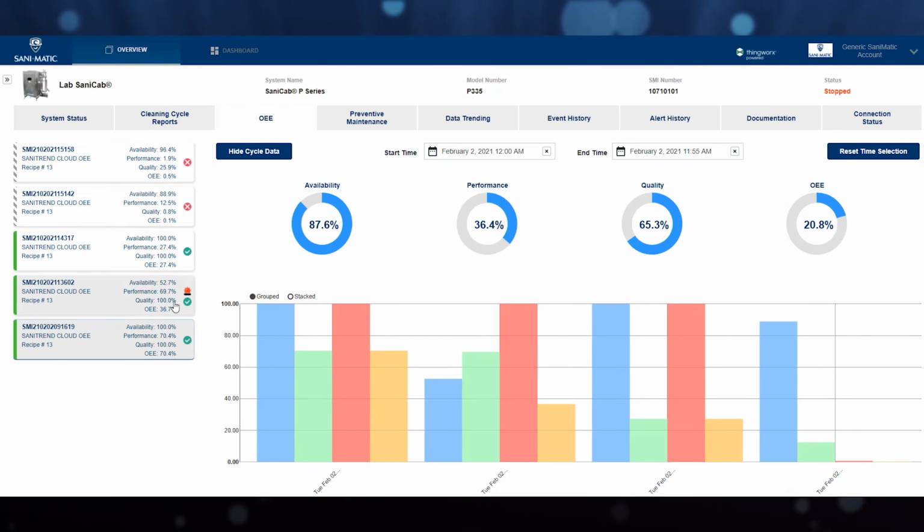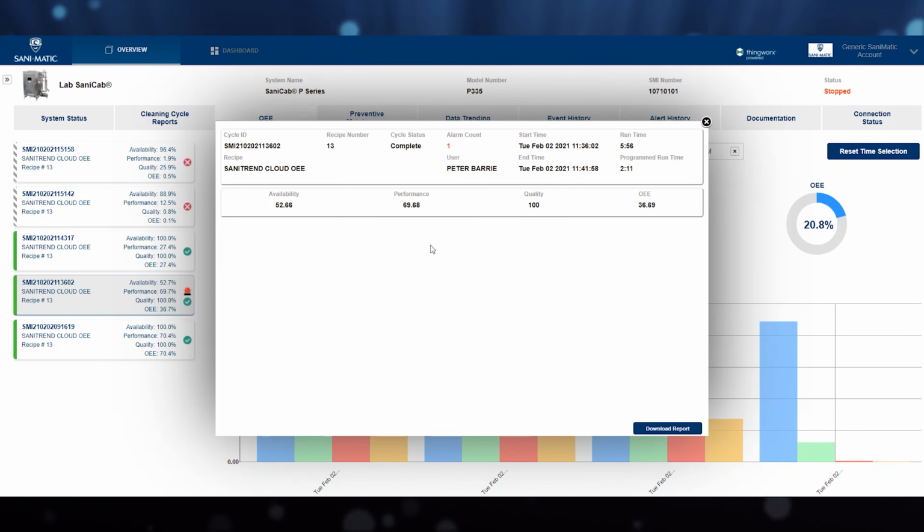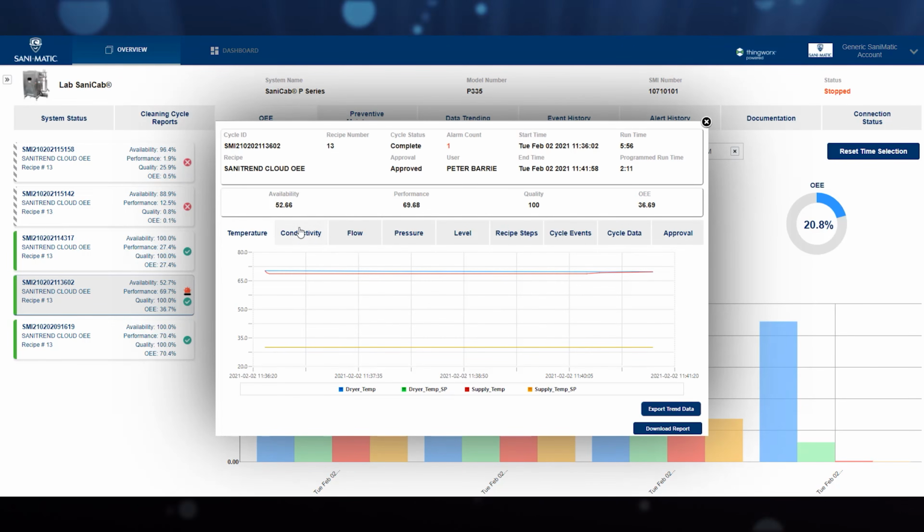So let's jump to first the availability degradation. So first here, you can see that this is where we alarm. So right off the bat, you can see, all right, this cycle completed, but we had an alarm in it. That alarm obviously impacted our availability. So our quality, again, 100, performance right around 70 as we would expect, but our availability went down to 52, right?